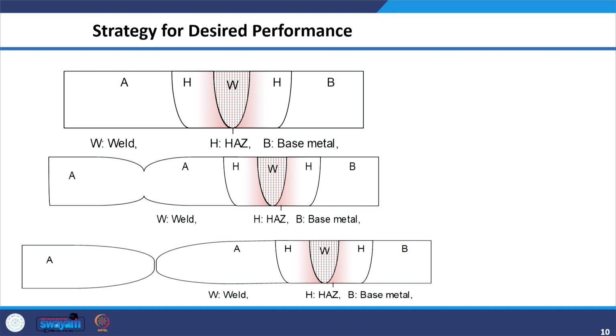For example, if instead of plastic deformation in the base metal, it is occurring in the heat affected zone or the weld zone, then we need to focus accordingly to see whether we need to change the filler metal, or do some kind of post weld heat treatment, or do something else to reduce the adverse effect of welding on the base metal.